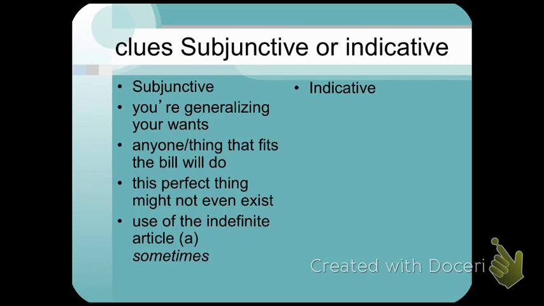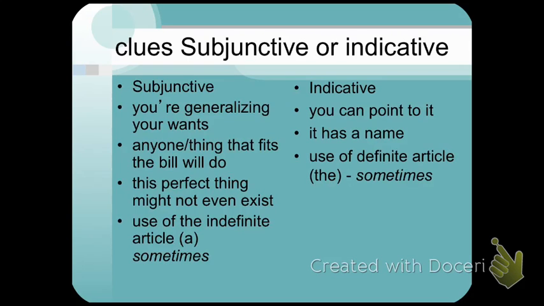Indicative. Things that mean indicative. If you can point to it, right? Like my example in the pound, I could say that dog in cage 3. The cute little one smiling at me. If it has a name, his name's going to be Bobo. Or maybe Carlos. I know, Carlos was cansado, that's why I named him.